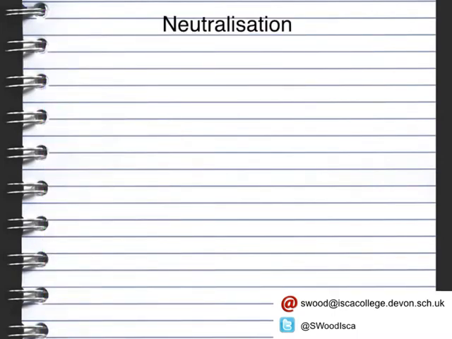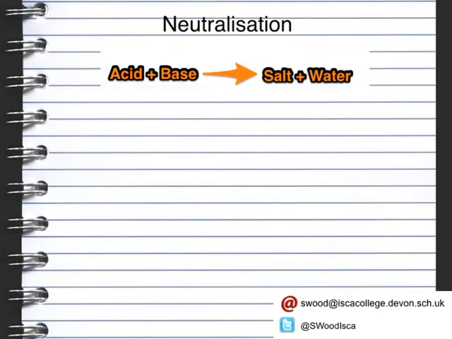Now when we add an acid to a base, we have a common reaction. This common reaction is where we get an acid plus a base that will make a salt and water. The acid and the base are a group of different chemicals, as is the salt.